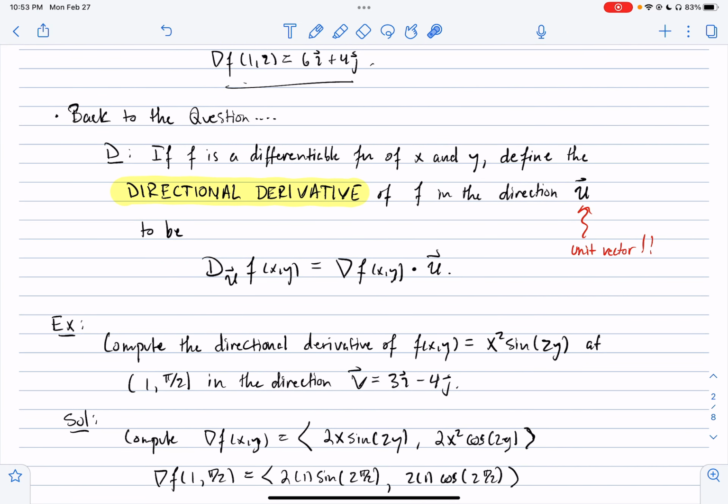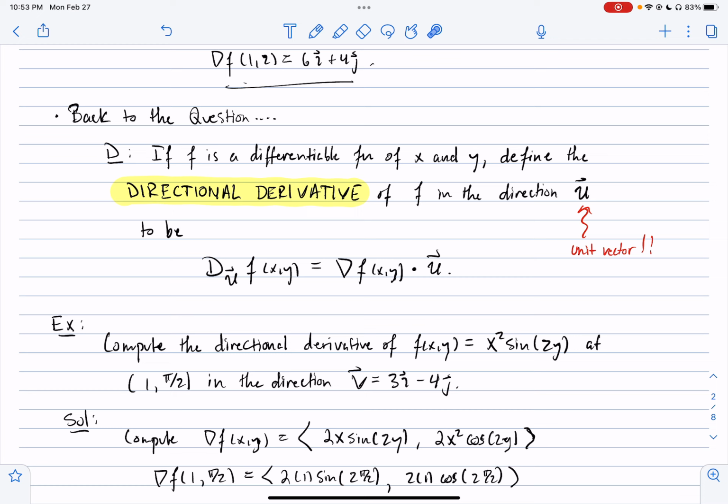And the reason why we introduced this operation of taking the gradient of a scalar valued function is to address this question about how one might take the derivative of the scalar valued function in an arbitrary direction u. And the answer is this definition, which we call the directional derivative.